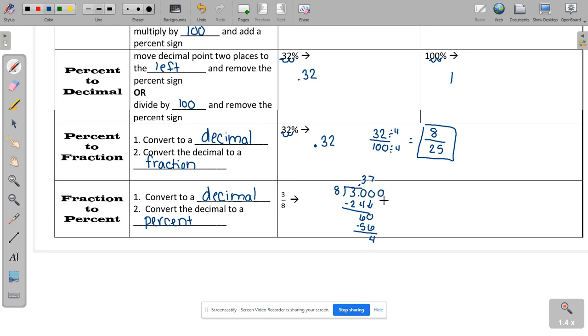Add a 0 and bring it down. 8 goes into 40 5 times. 5 times 8 is 40. Subtract, we get 0. So 3/8 as a decimal is 0.375.